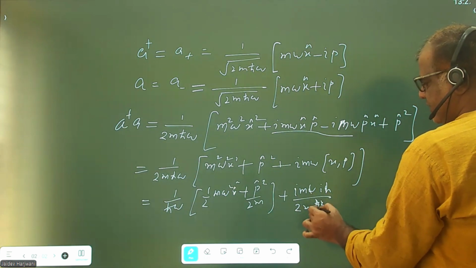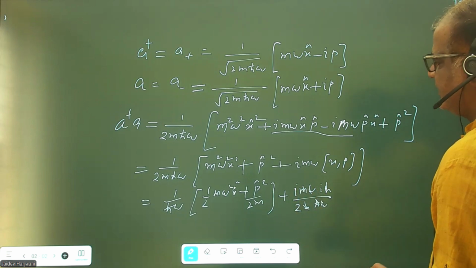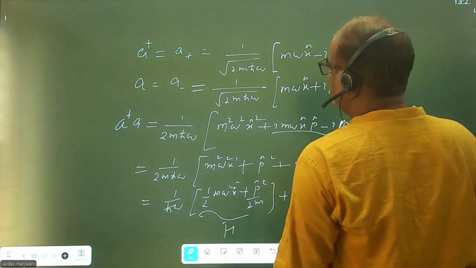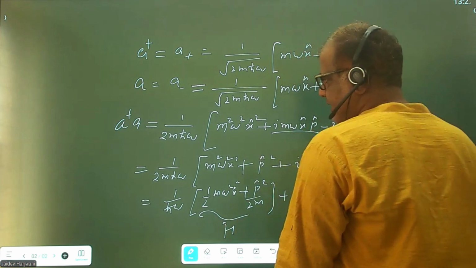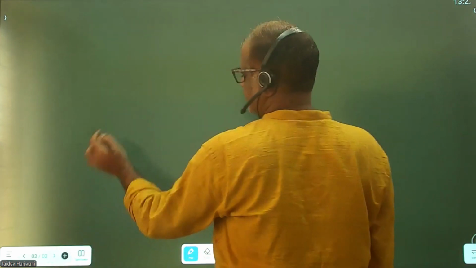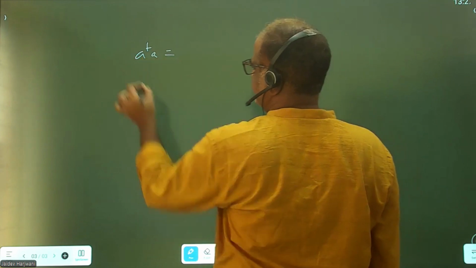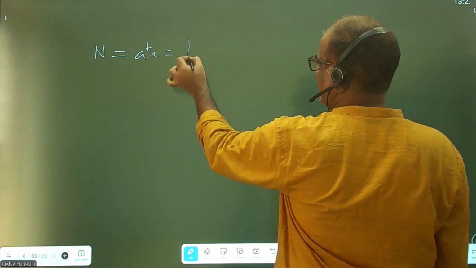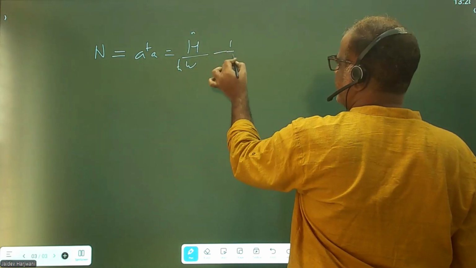H cut omega cancels, m cancels, iota square is minus, so this becomes minus half, and this is your Hamiltonian. So I can now write that a plus a, which I also say is the number operator, is equal to Hamiltonian upon h cut omega minus half.